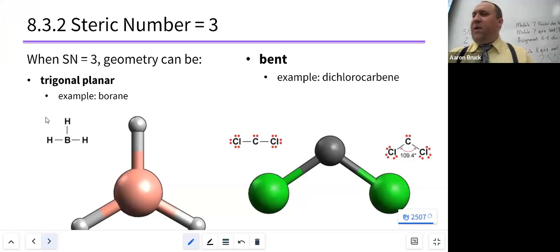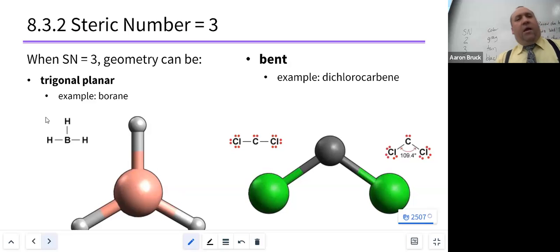In steric number 3, we're looking at the tan or beige center atom here, 3 groups around it. Now we can start to see some variation, some variability. Not only do I see this triangular shape, which in geometric terms, we're not going to call triangular. We're going to call it kind of its close cousin, trigonal.